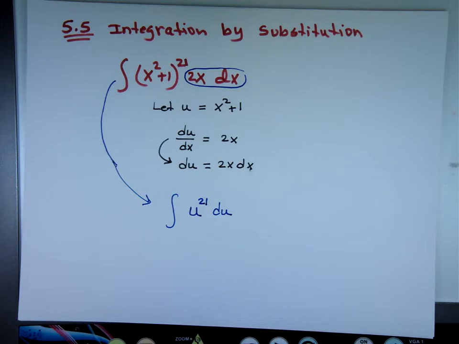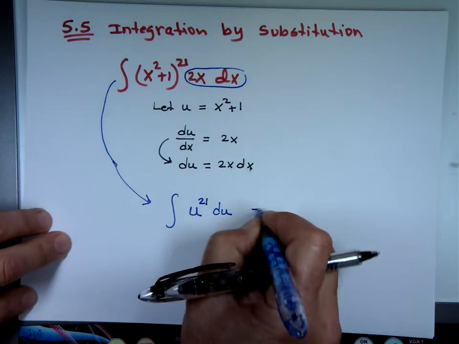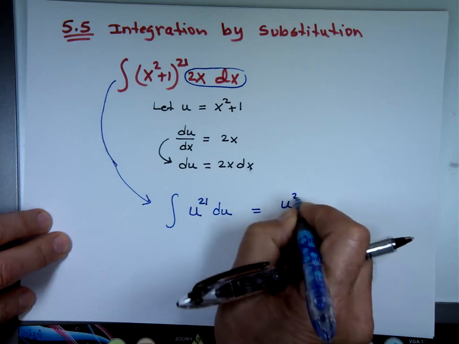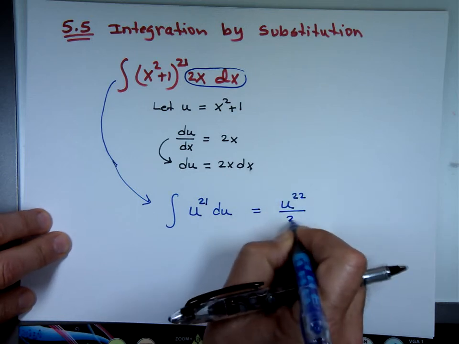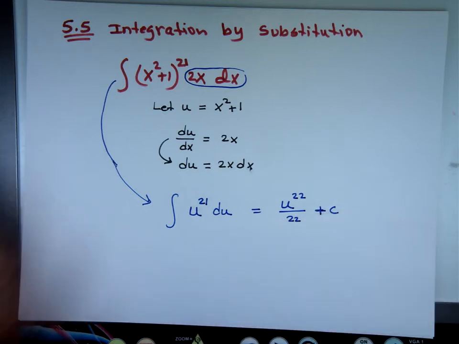Do you see that? How do you integrate that? We add 1 to the power, divide by the new power. There are no numbers, it's not a definite integral, so we add c. So let's add 1 to the power, that becomes what? u to the 22 over 22 plus c. The only thing you've got to do right now, when I gave you the problem, there was no u in it.